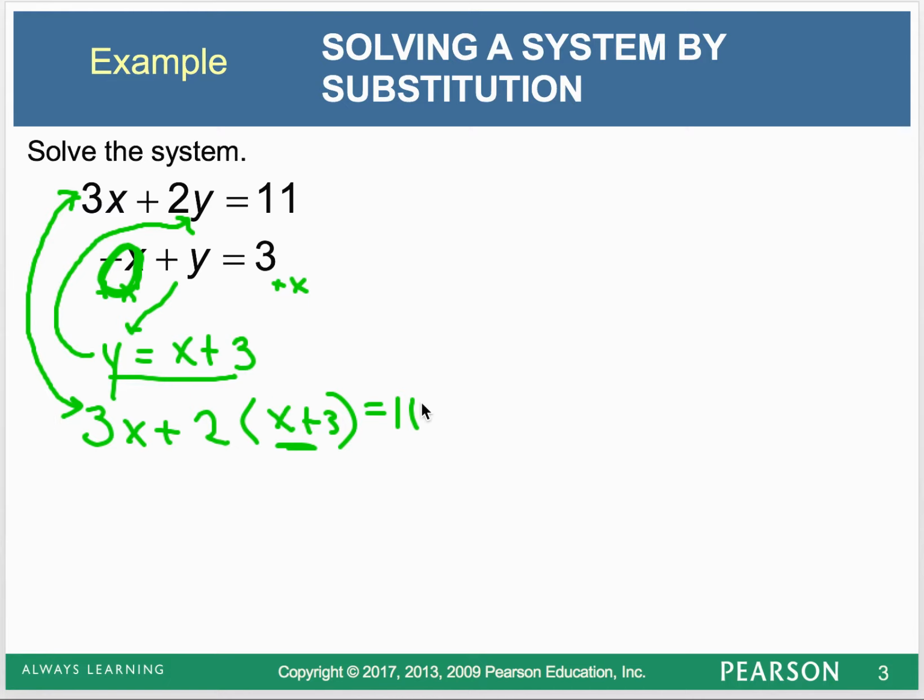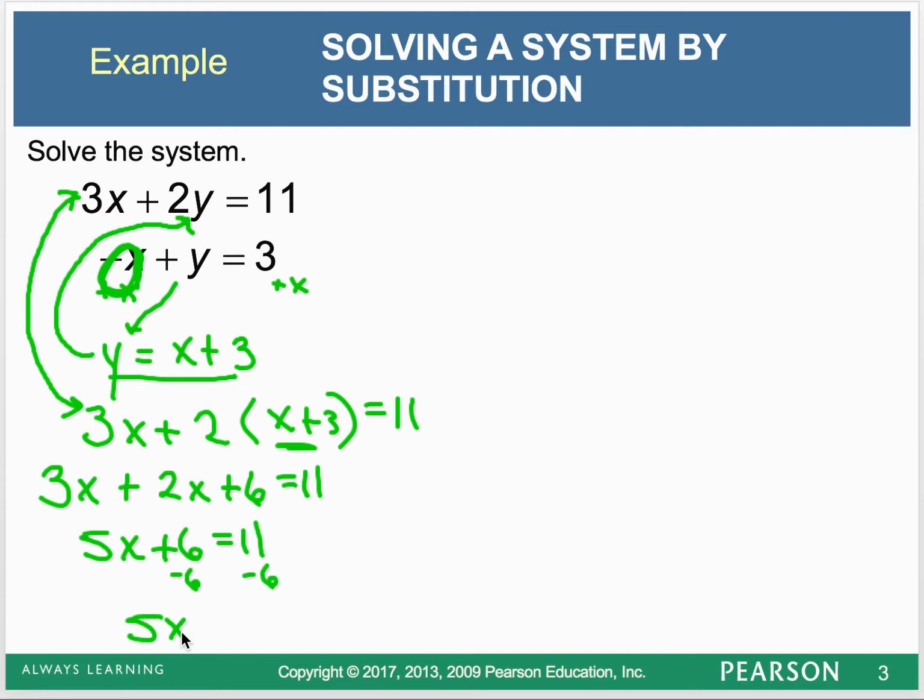Now notice I got an equation with just one variable in it, so I can solve it. First step, get rid of those parentheses: 3x plus 2x plus 6 equals 11. Combining like terms, 5x plus 6 equals 11. Move the 6 to the other side because it's just a linear equation: 5x equals 5.